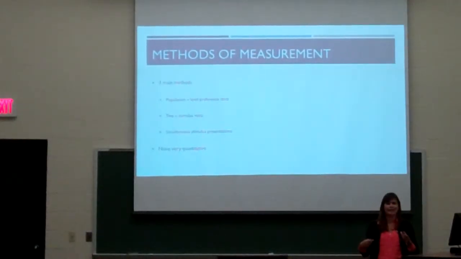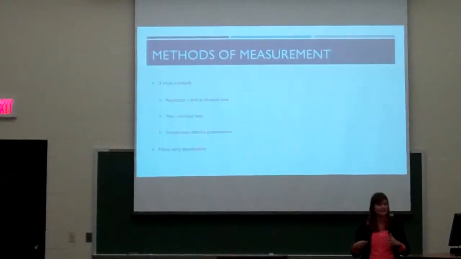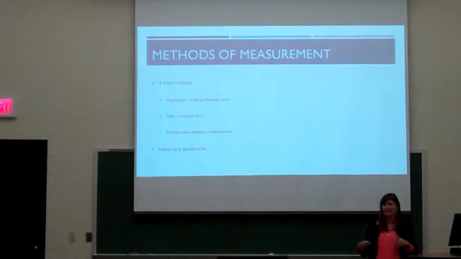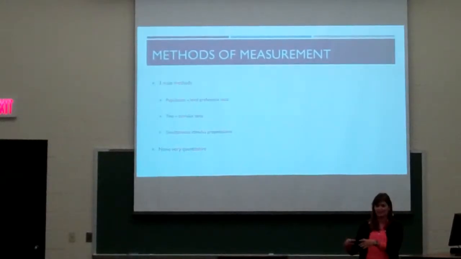There's three main methods of measurement when people are trying to study how females choose mates. There's a population level preference test, which is just comparing how one population of females decides what kind of traits they like in their male compared to another population.